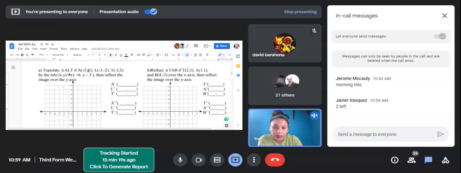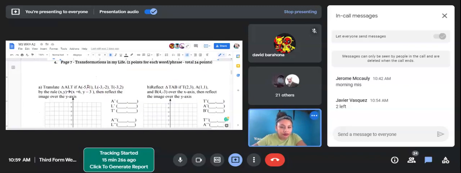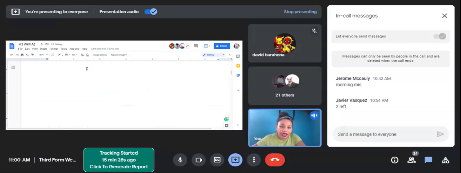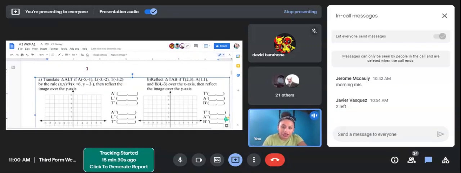The first one has 3 points, A, L, T, and you are going to get 3 points just for showing me what is A, showing me what is L, and showing me what is T. I'm going to give you 3 points for each one.